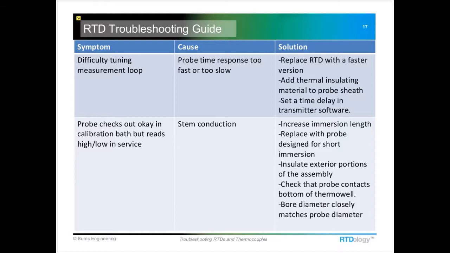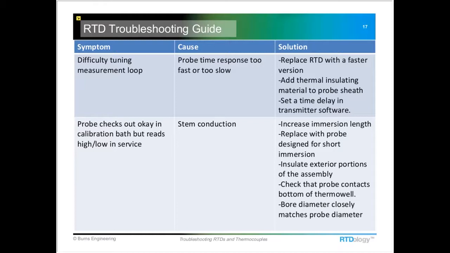That's usually because the time response of the probe is either too slow or too fast. A couple ways to fix that: usually if the probe is too slow, we need to replace it with a different design that's going to respond faster to the temperature. And if an RTD isn't fast enough, then a thermocouple can actually be a more accurate device for situations like that.